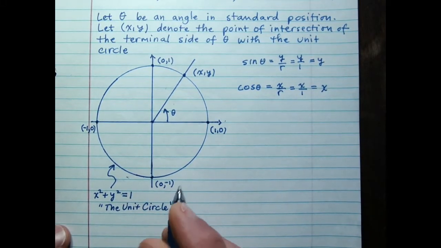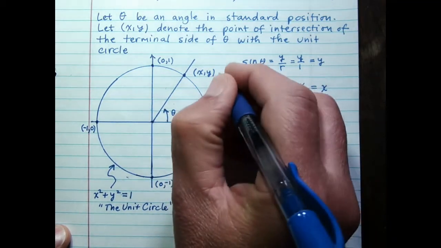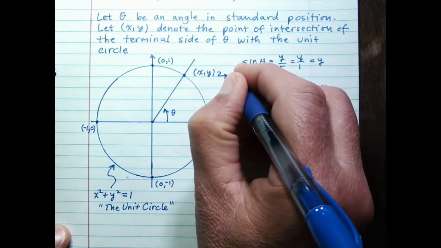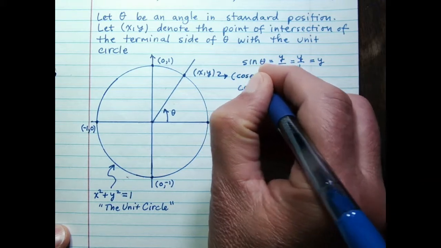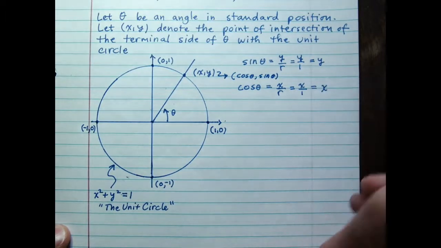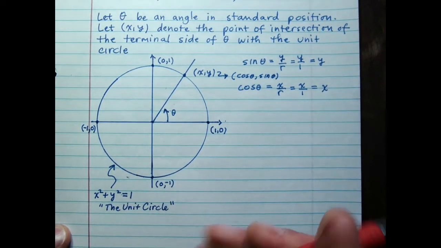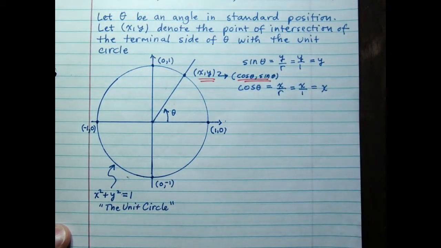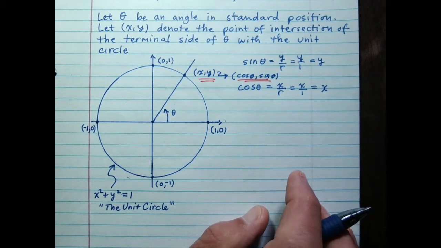Now what that means is if sine theta is y and cosine theta is x, this point with coordinates x, y is the same as, we could just say, the coordinates are cosine theta comma sine theta. The x coordinate is cosine, the y coordinate is sine. So we have a much simpler description of sine and cosine here.